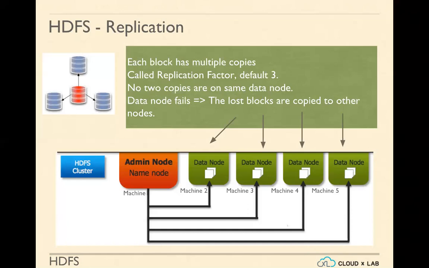All right, and this process happens automatically. We do not have to do it manually. If any data node, which is just a machine, goes down, the lost blocks cause the replication factor of those files to drop, and then that automatically gets recovered by making a copy from the other copies.